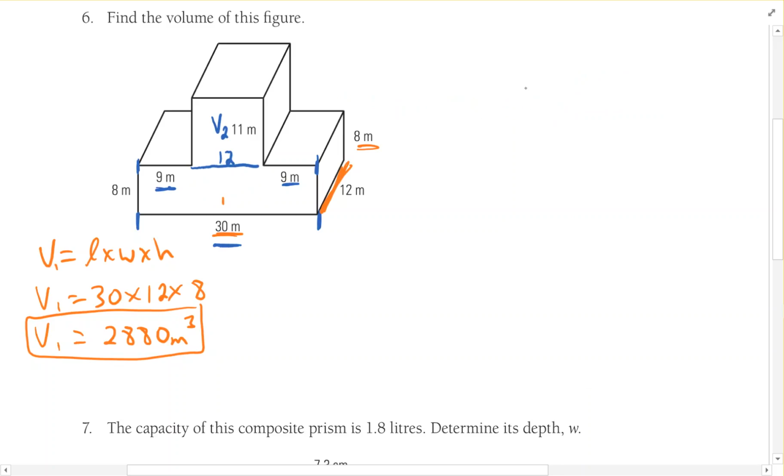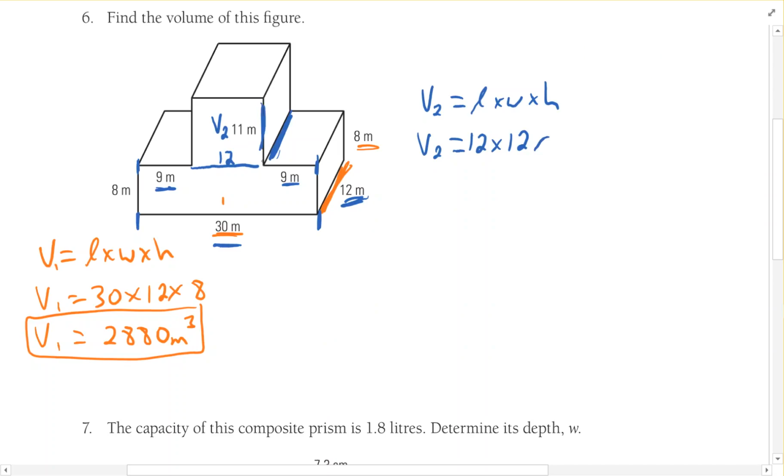Now the rest of it should be pretty straightforward. V2 is equal to length times width times height. Our length is 12. Our width isn't actually drawn right here, but it's the same as the one down here, 12. And our height is drawn right on here, that's the 11.